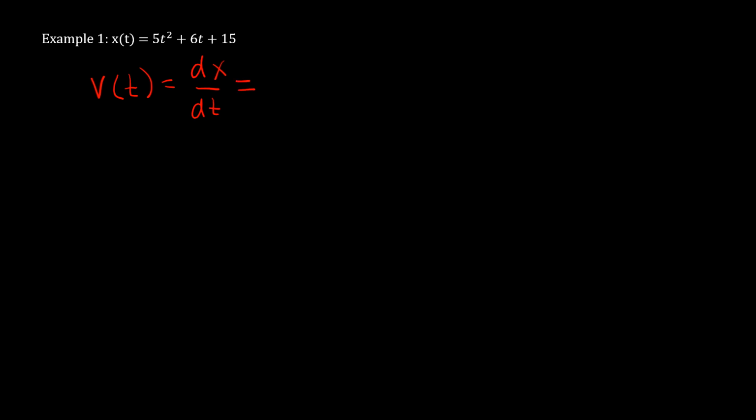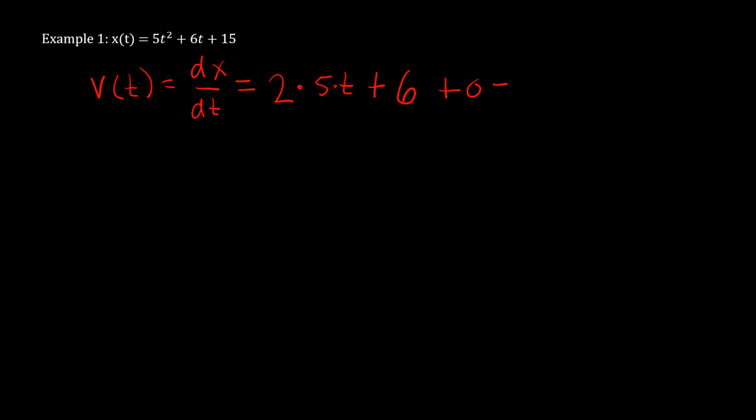Taking the derivative using the power rule, it's going to be 2 from the exponent times 5 times t, subtract 1 from the exponent, plus the derivative of 6 times t, which is just 6, and then the derivative of any constant is just 0.